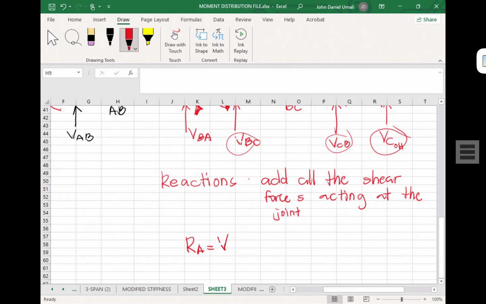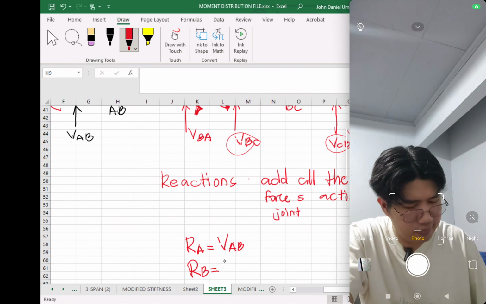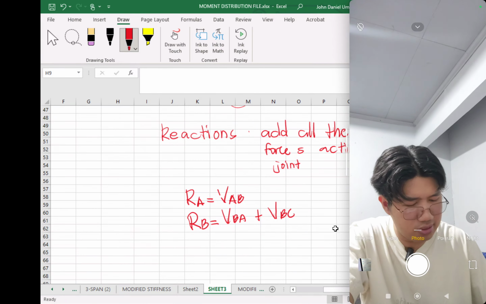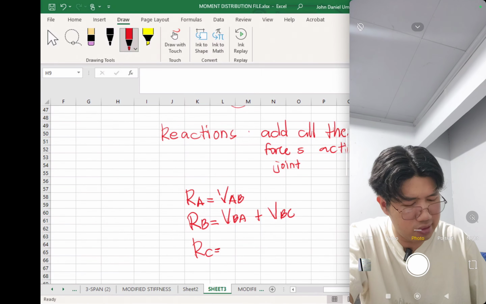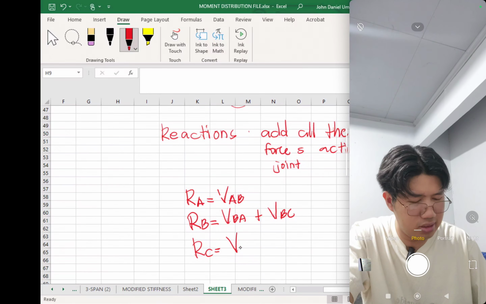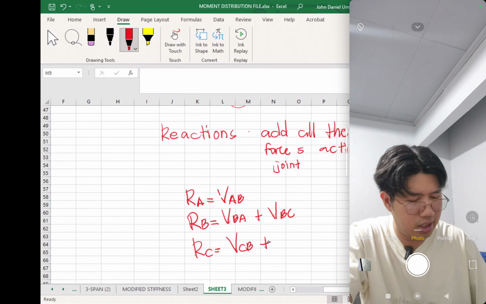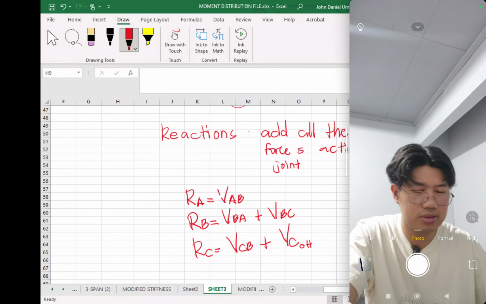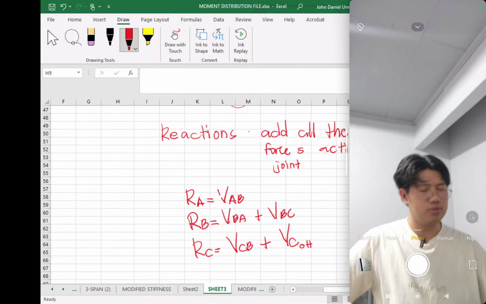Si VAB lang. Reaction B, ano yung reaction na nag-act sa joint B? Okay, si VBA plus VBC. Reaction C, ano yung mga shear forces na nag-act sa joint C? VCB and yung overhang shear. Okay, so yun lang yung process.